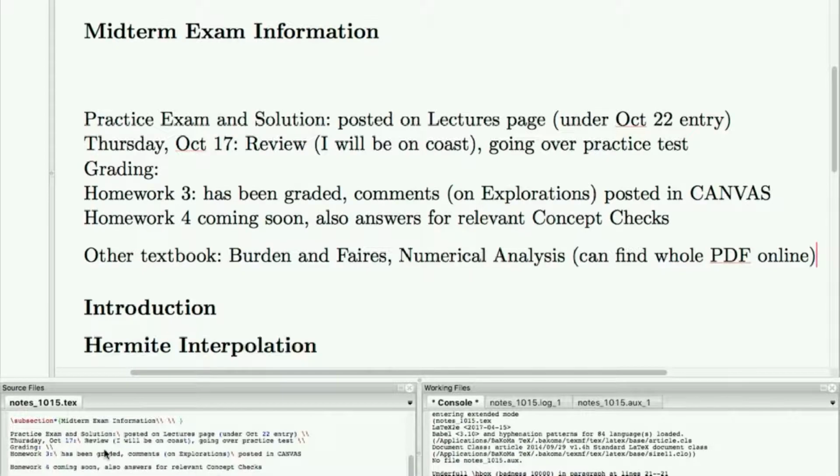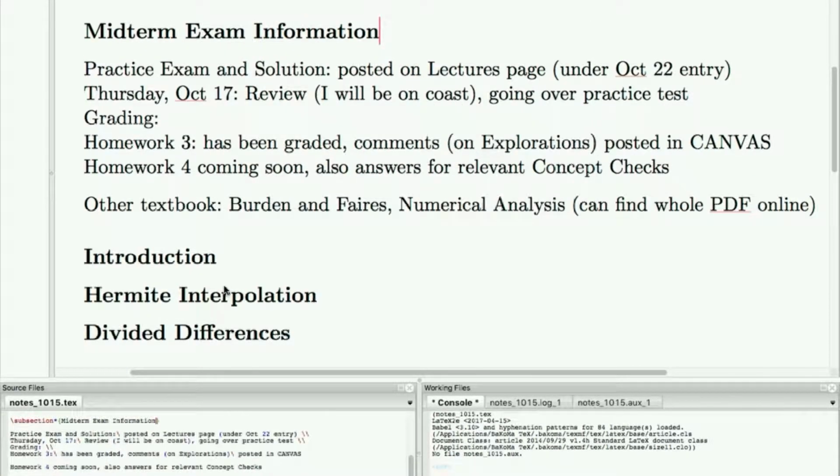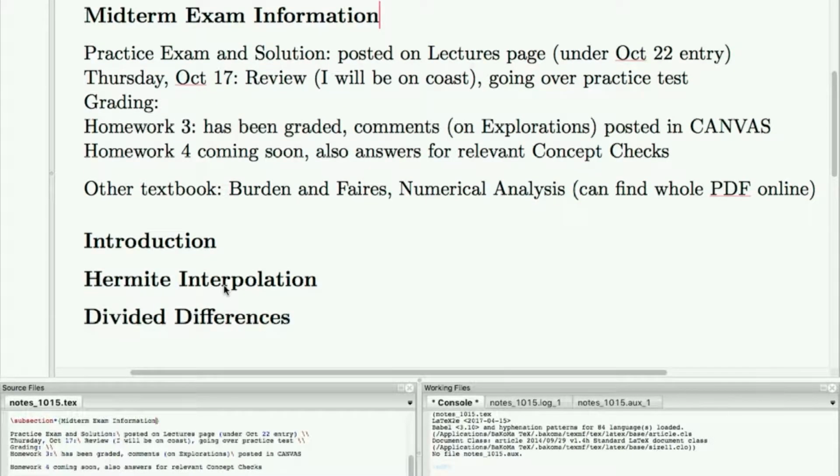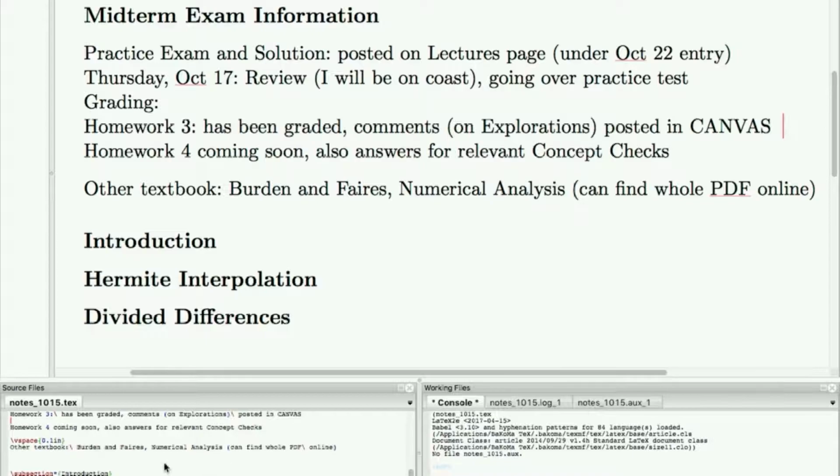Now, other midterm questions of any kind? Now this last topic itself is not going to be on the test, but I have to keep the coverage moving along.